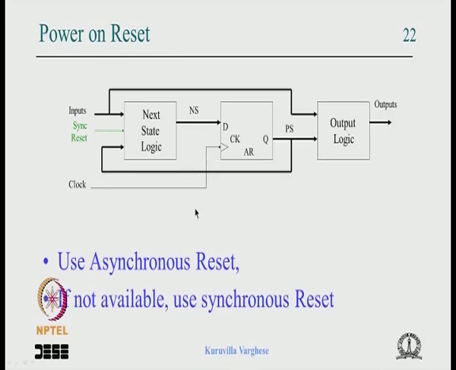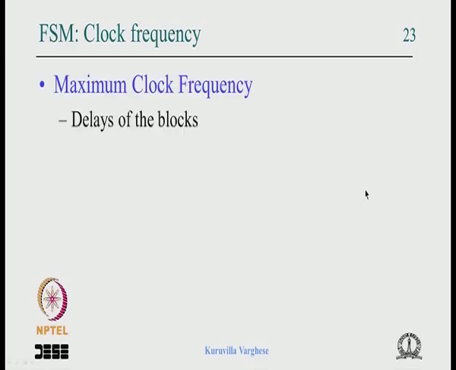So T clock min should be greater than TCQ plus T next state logic plus T setup, or it could be TCQ plus T output logic, because even if the output is used directly here, it would be bad if this path works properly but the output does not get a chance to become active before it goes to the next state. Everything works internally fine but the output does not have time to get decoded. That is bad.